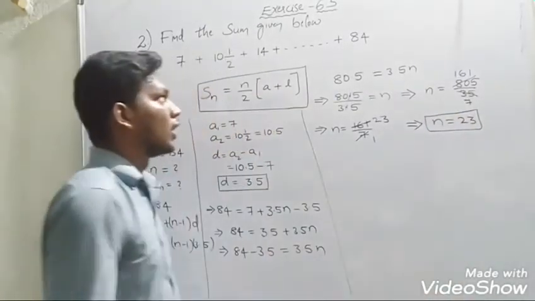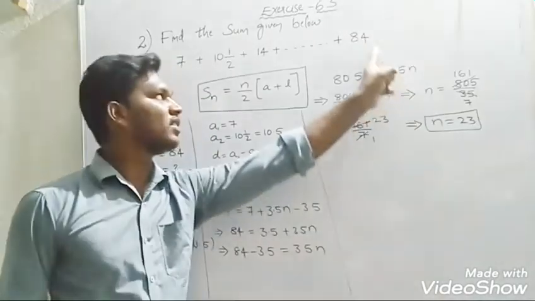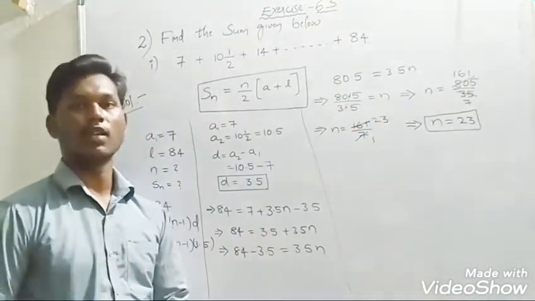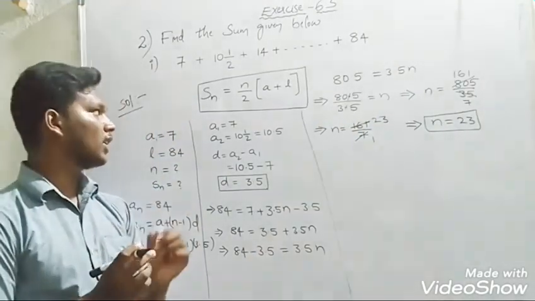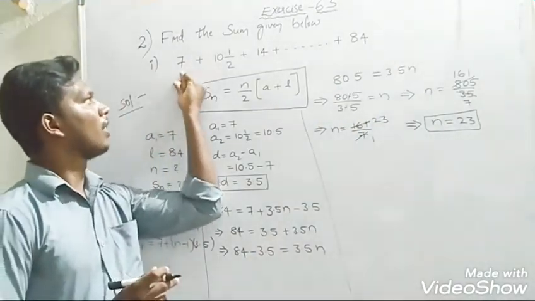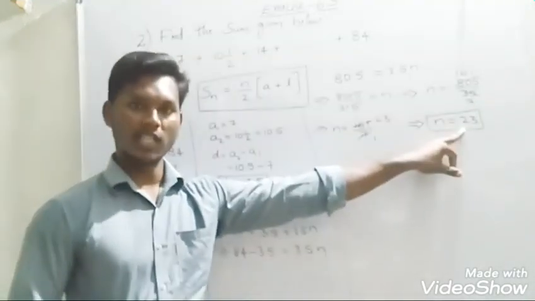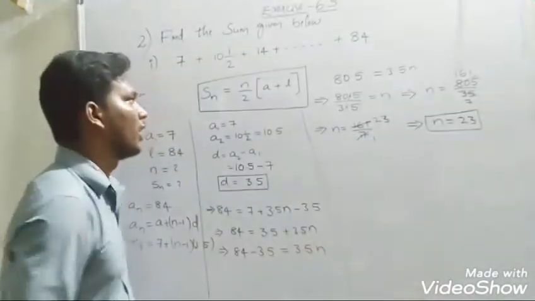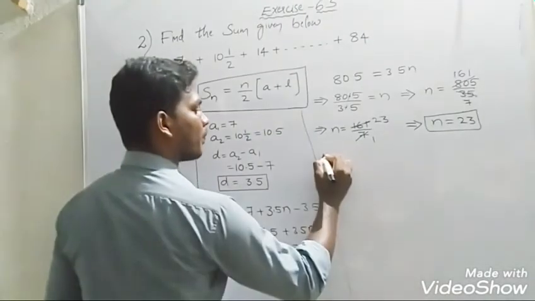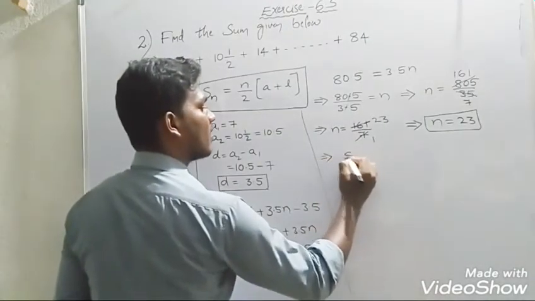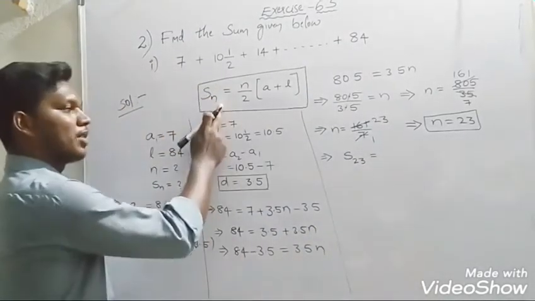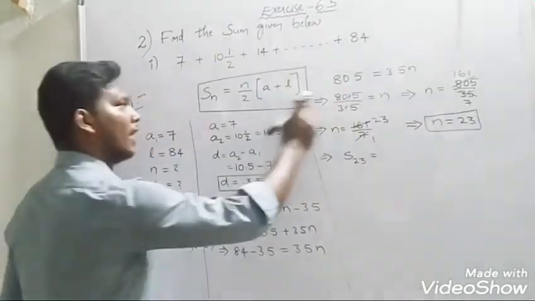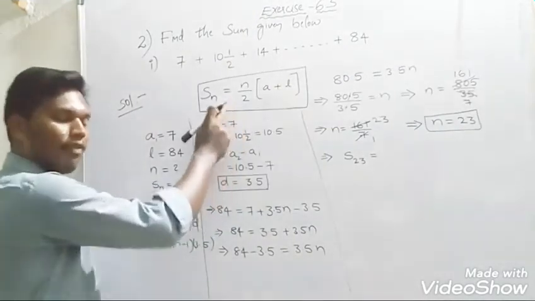That means the 23rd term is 84. The 23rd term is 84. Okay friends, that means it is indirectly asking us to find the sum of 23 terms. So now we must find the sum of 23 terms. Okay friends, see, I am substituting the values of n, a and l in the formula Sn.